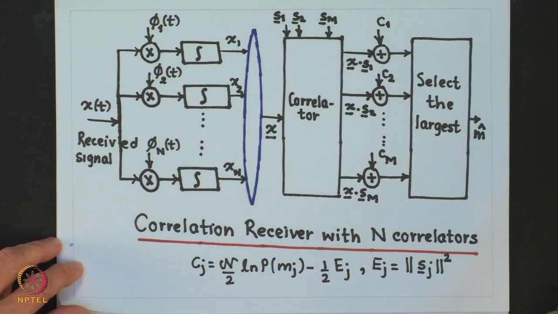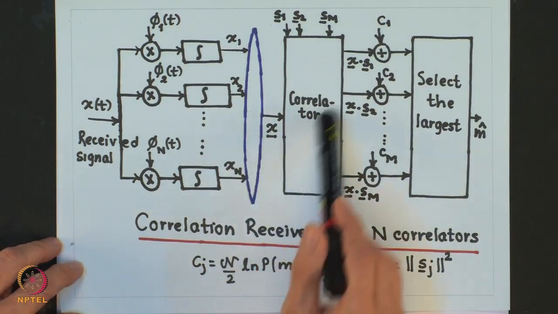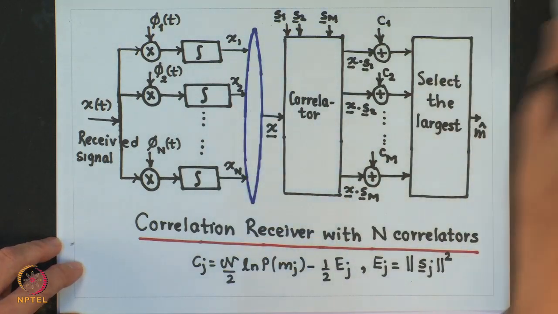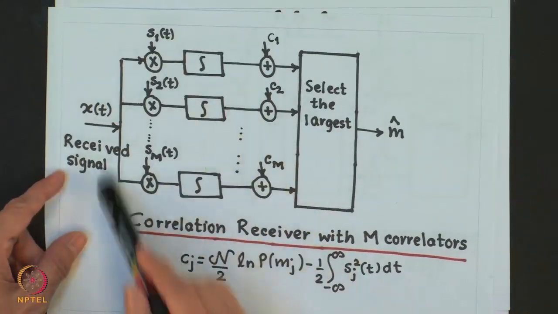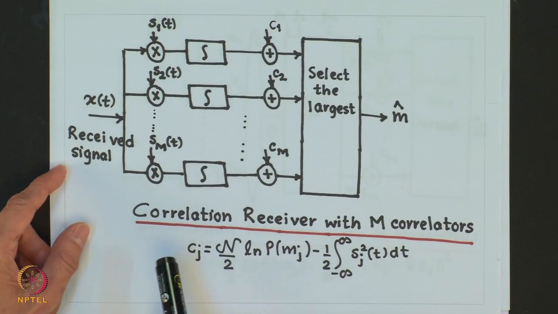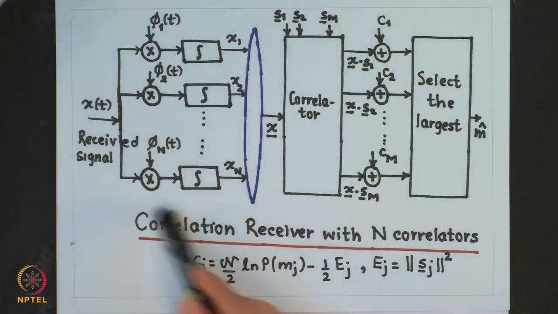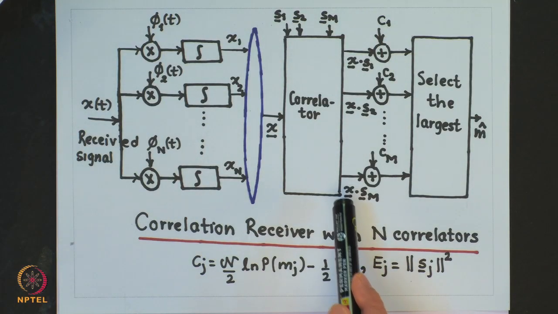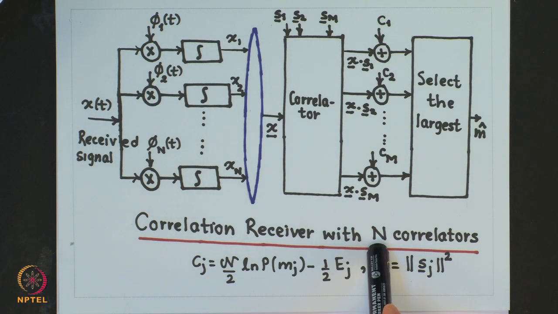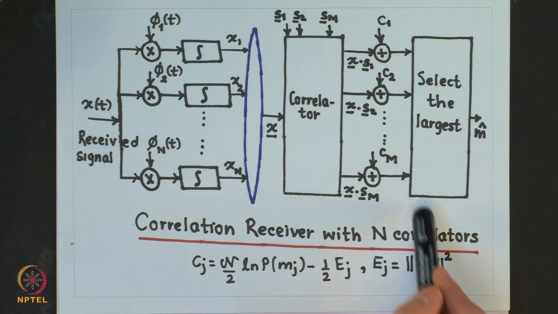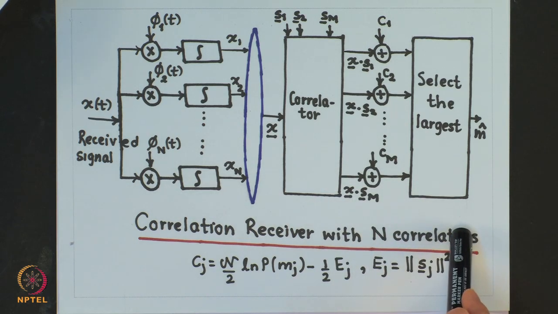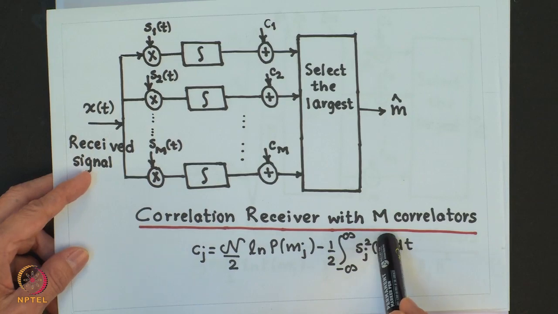Now it might appear that this is more complex than the earlier block diagram, but in practical situations this may turn out to be easier to implement because the value of N would be much lesser than M, and in that case you will require only N correlators, whereas here you require M correlators.